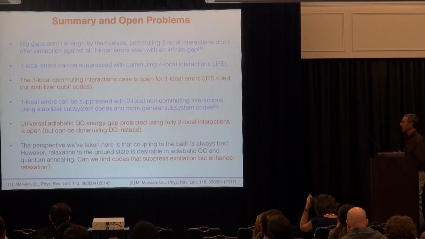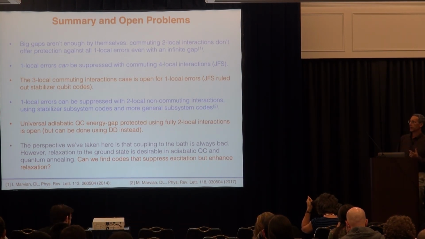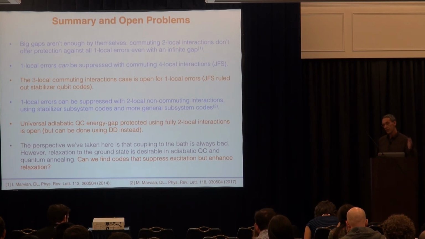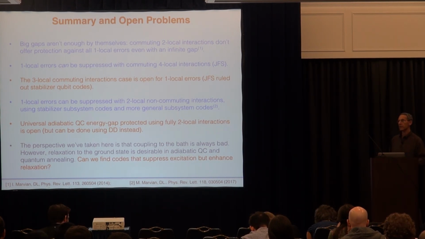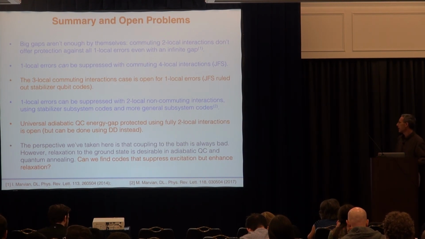The Jordan-Farhi-Shor example is nice, but it still involves four local interactions if you want to do logical 2-qubit interactions. However, we do know how to do this, as I discussed, using dynamical decoupling. And there's an equivalence between the two, and that equivalence hasn't been sufficiently explored or exploited, in my opinion.